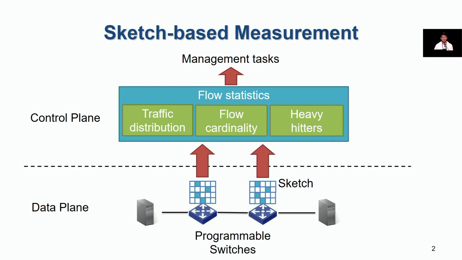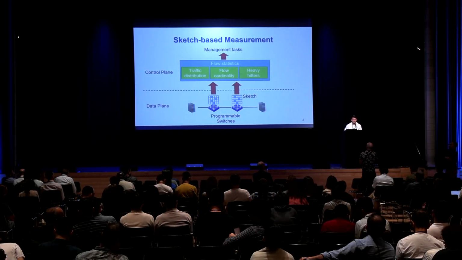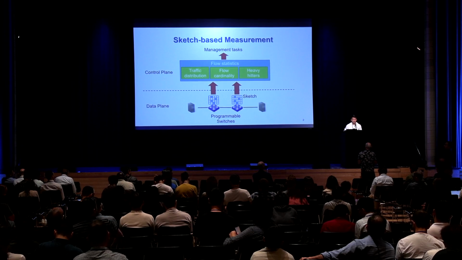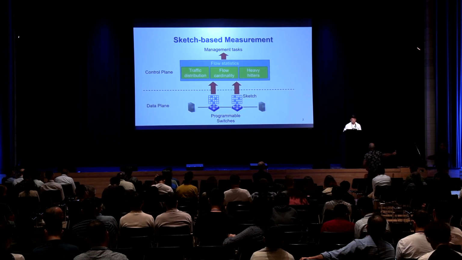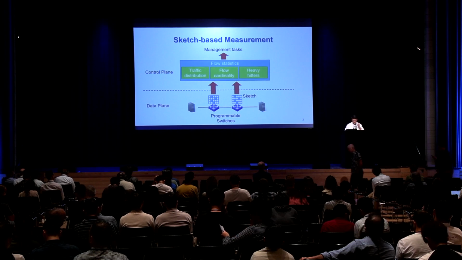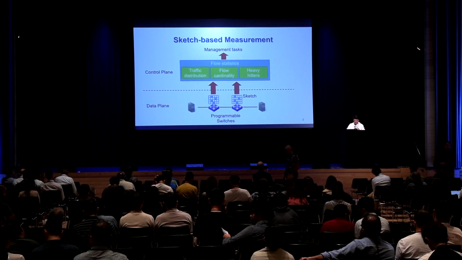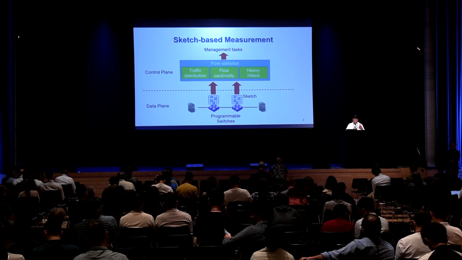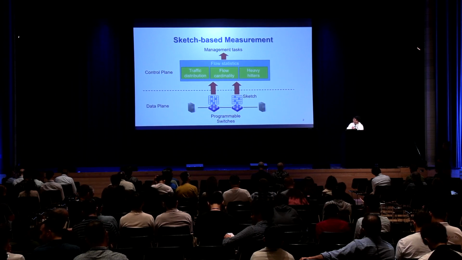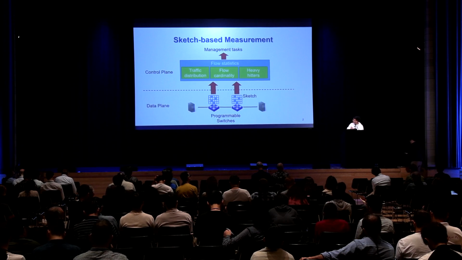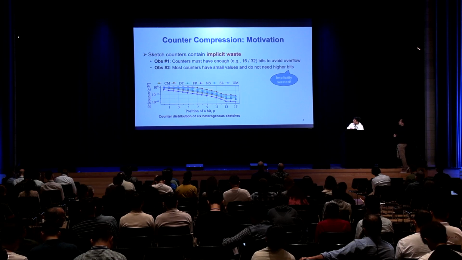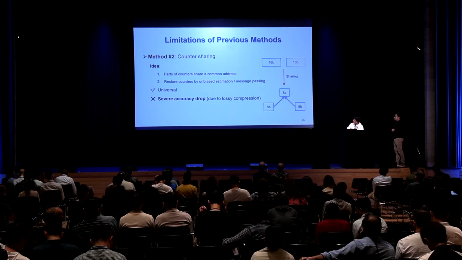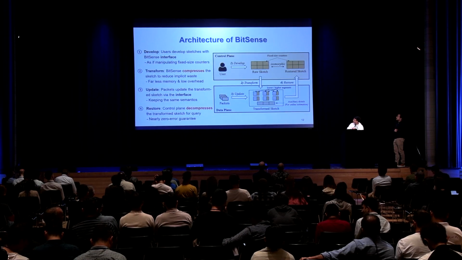Eddie Kohler, Harvard. Would you use this structure on an end host? What would you change if you wanted to use it somewhere other than a switch? What is P4 and Tofino centric, and what is not? We designed BitSense for programmable switches, and the reason why it can support this architecture, oh, sorry, due to time limit, I didn't present the details here.